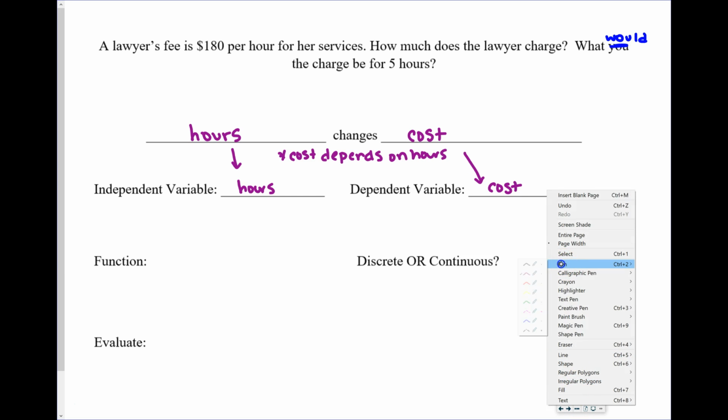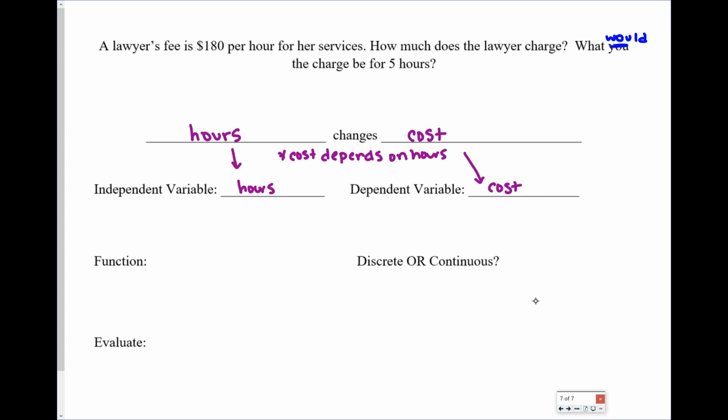The function I'm going to write for this one, remember, this is my input right here. That guy is my input. So I'm going to put f of h, and then how would I calculate the cost? Well, it's $180 per hour, so that's just 180 times h. So whatever many hours I decide to make the appointment for, I multiply 180, and that's what she would charge me for going.